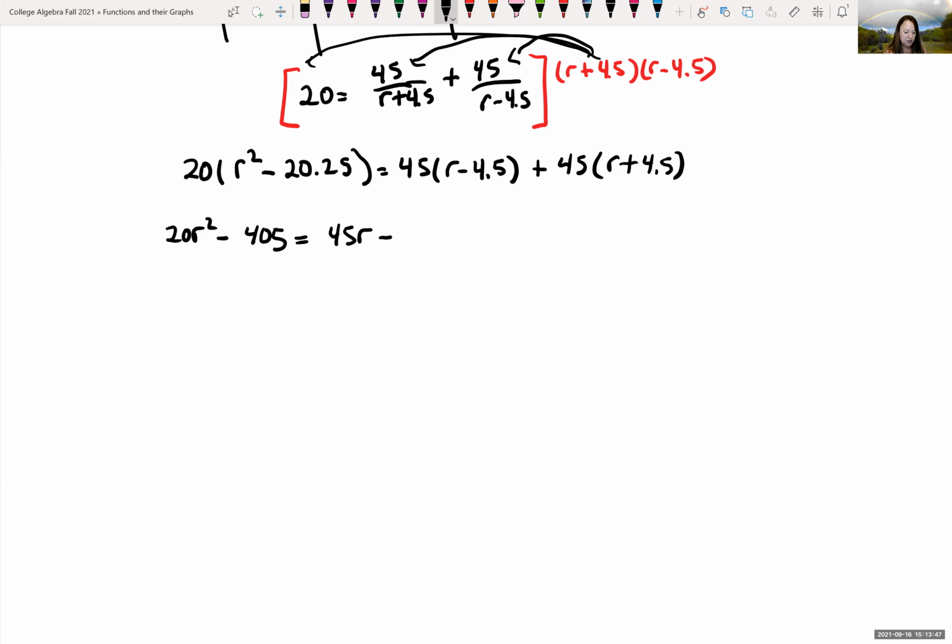That gives us 202.5 plus 45r. 45 again times 4.5, so that could be plus 202.5.